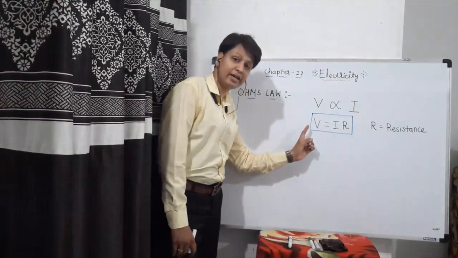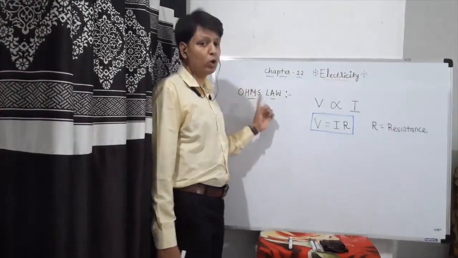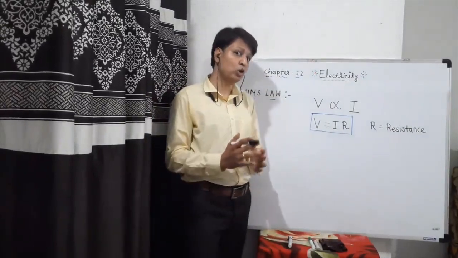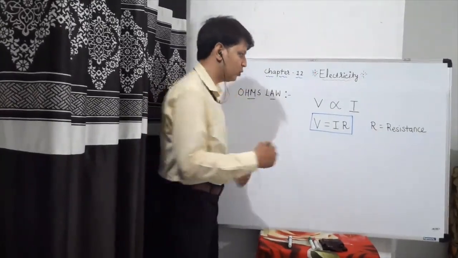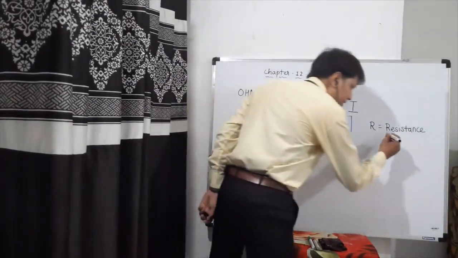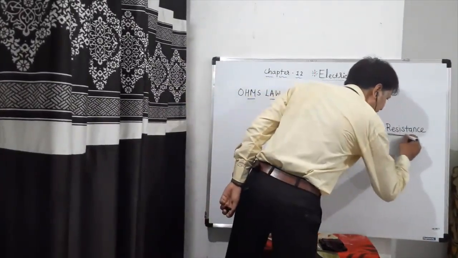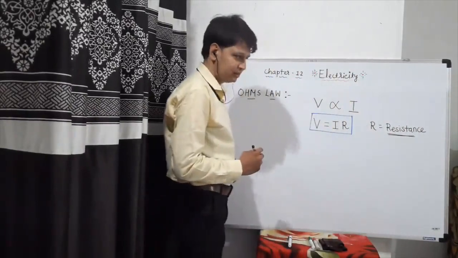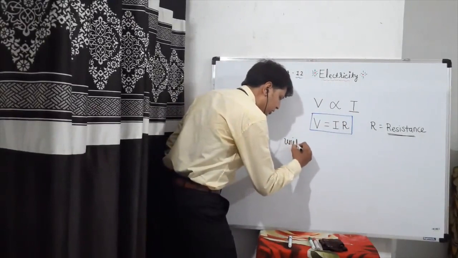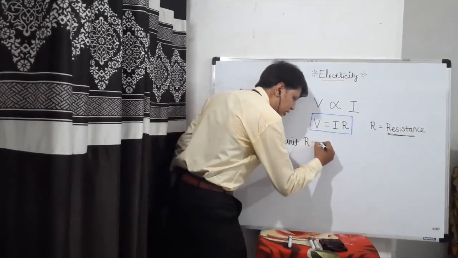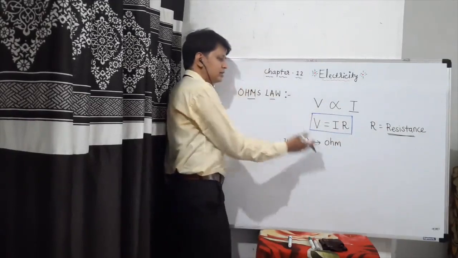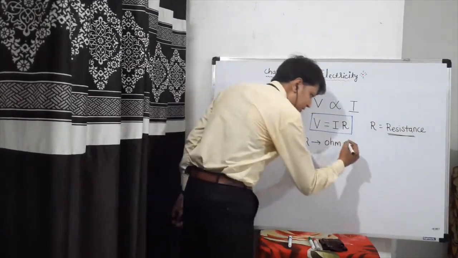So as per the statement given by Ohm, V equals IR is Ohm's law equation, where R is a proportionality constant, but it is mentioned as one characteristic of a material, and the unit to measure resistance is Ohm, as it is named after the physicist.